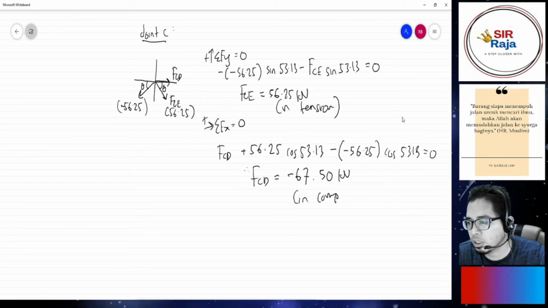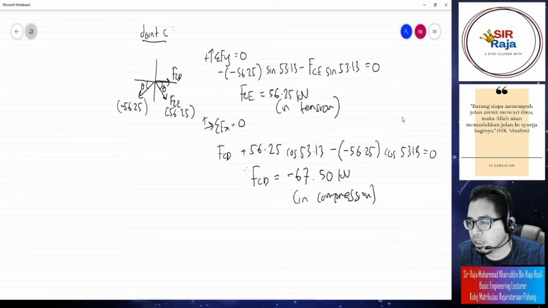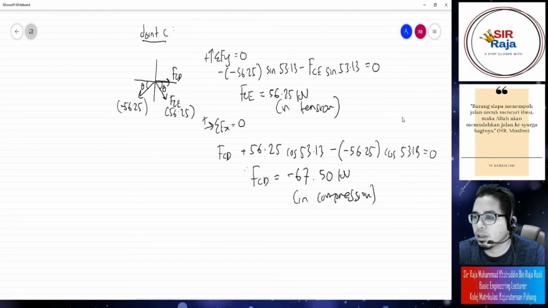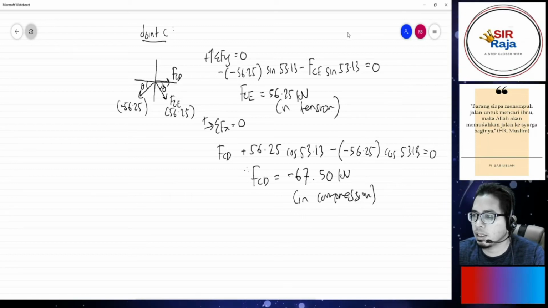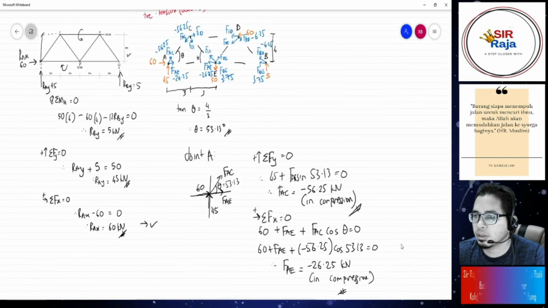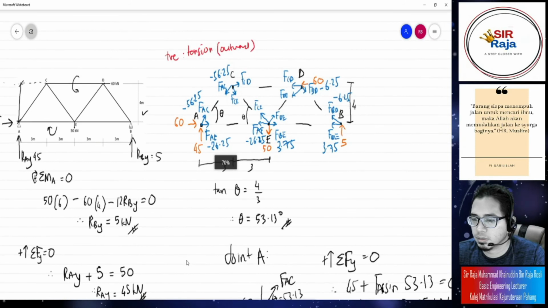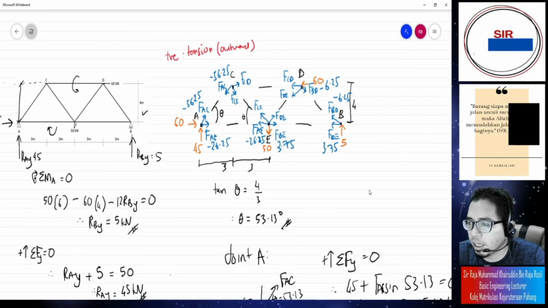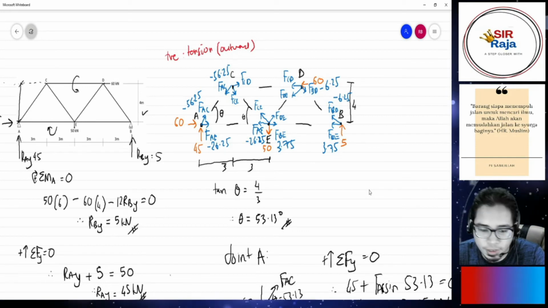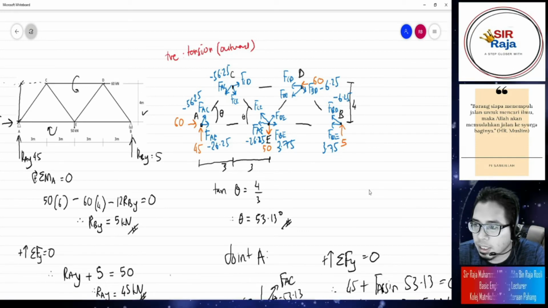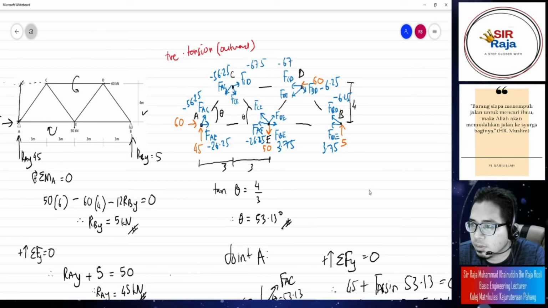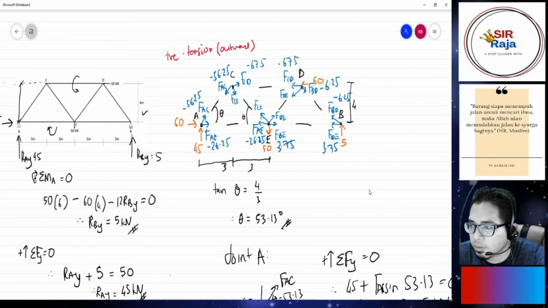So ask yourself, what is the next thing we have to do? Yes, correct. You have to label all this again on your exploded diagram. So here FCD is equal to negative 67.5, and this is negative 67.5 as well.